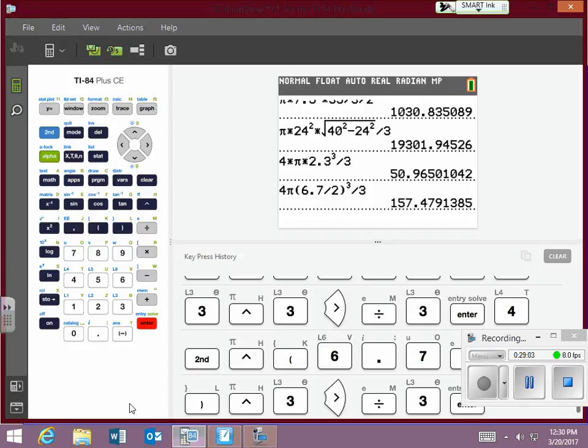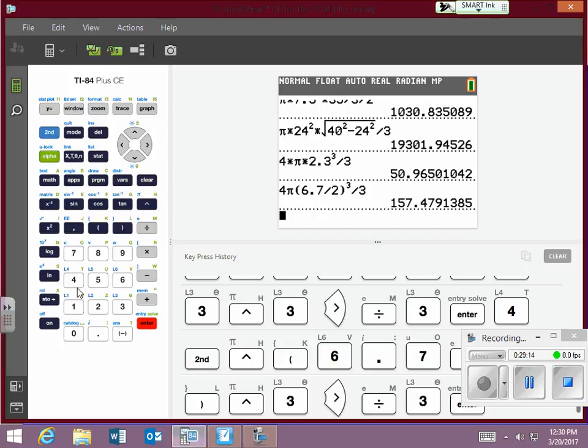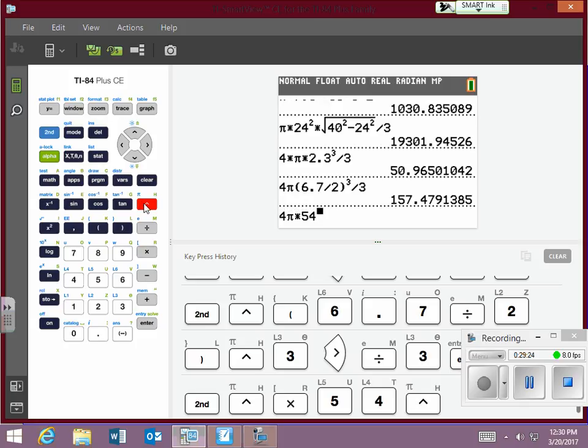It's going to be important that you remember all those formulas, I guess. It's 4 pi 54 cubed divided by 3.